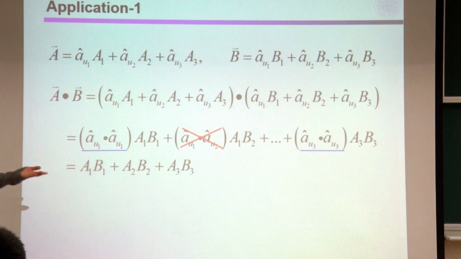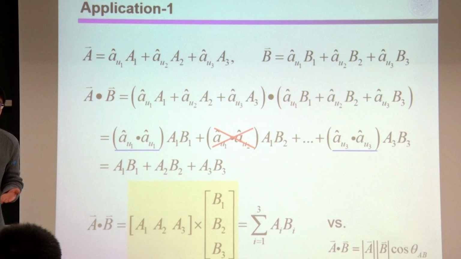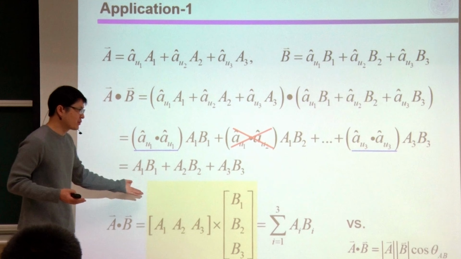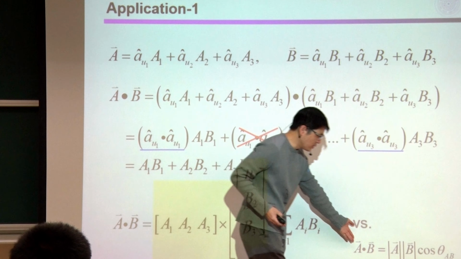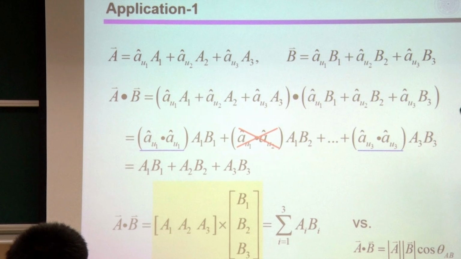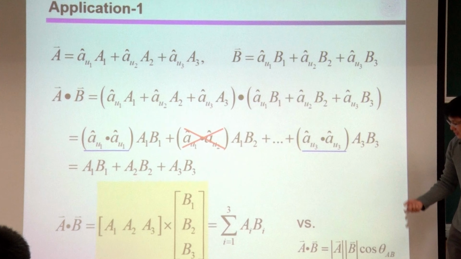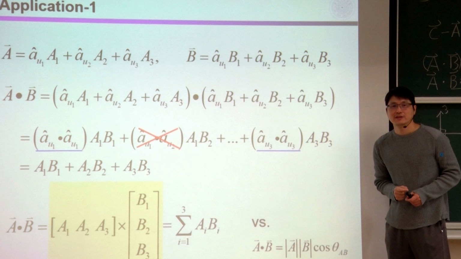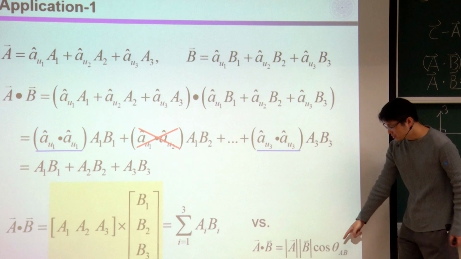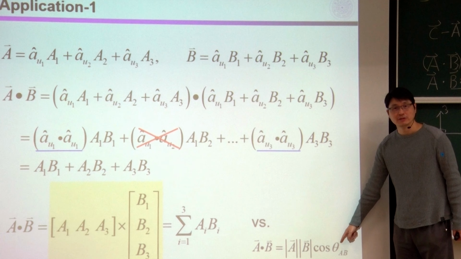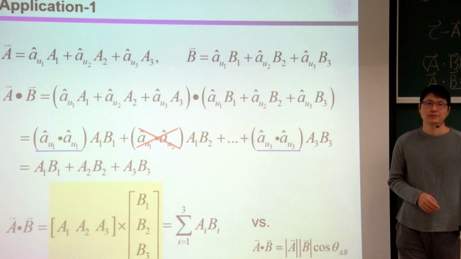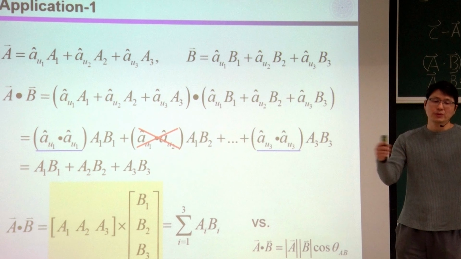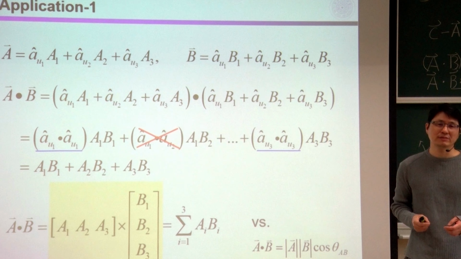So you don't even need to draw out the vectors A and B, right? In the past, in high school, whenever you're given two vectors, you need to calculate their length or magnitude. You also need to know their angle. But now you don't, right? You don't really need to draw these two vectors out.